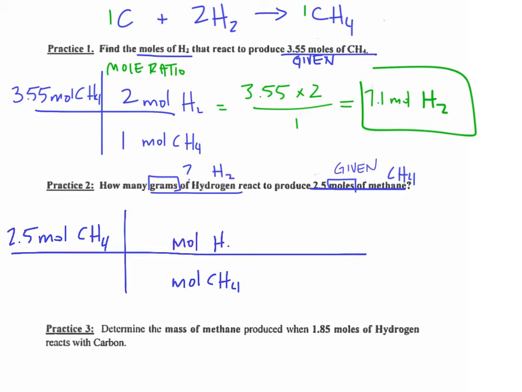So here's where I'm going to go from methane to hydrogen, two different things. For that, I look at my mole ratio up above, and it's telling me that I've got 2 moles of hydrogen and 1 mole of methane. So again, my ratio is 2 to 1.